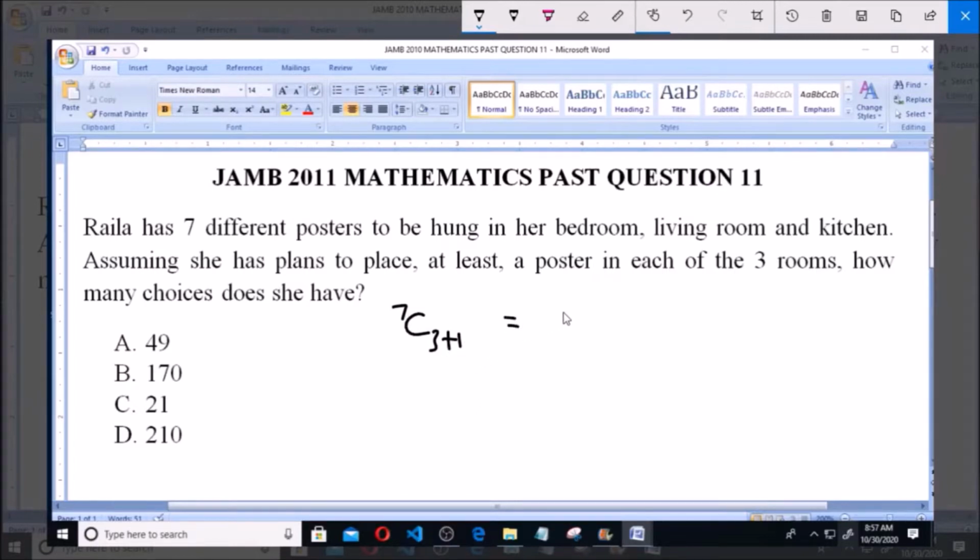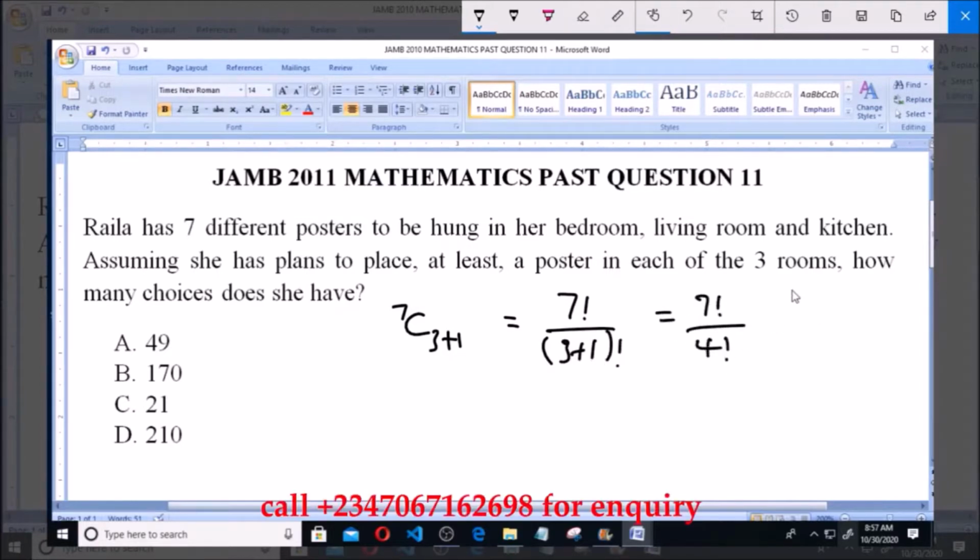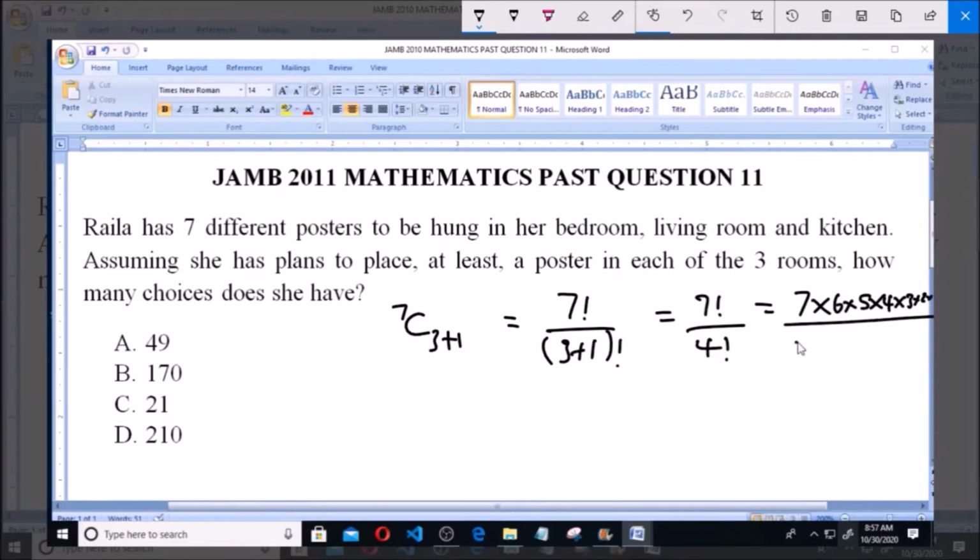This is equal to 7 factorial over 4 factorial, which is 7 times 6 times 5 times 4 times 3 times 2 times 1 all over 4 times 3 times 2 times 1.